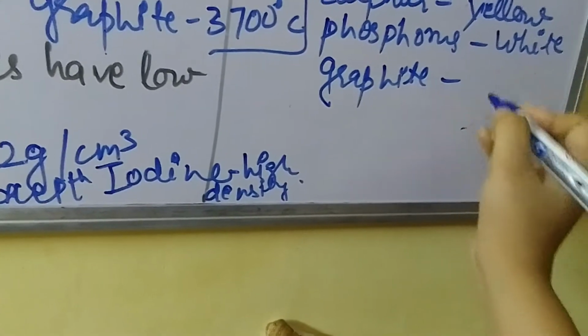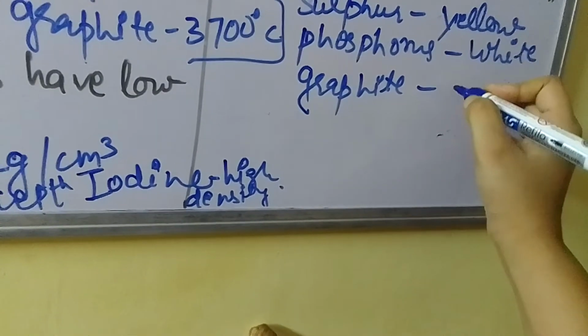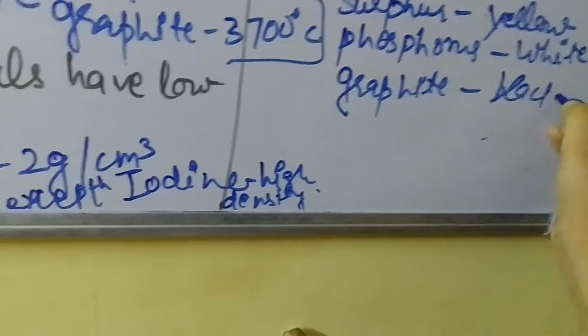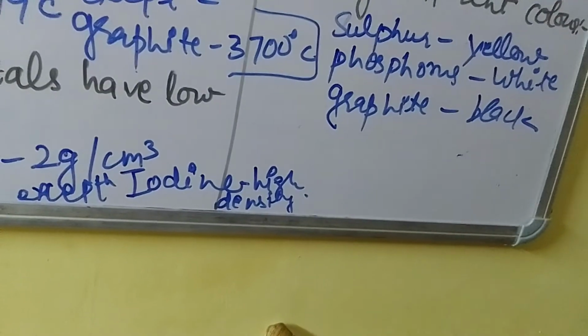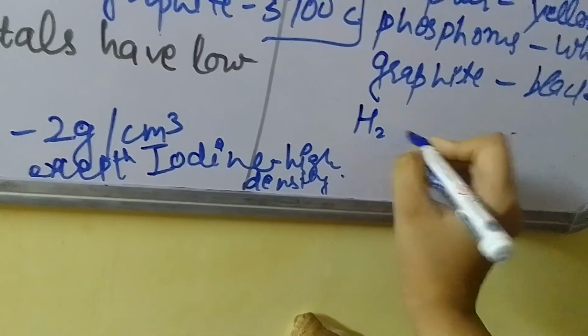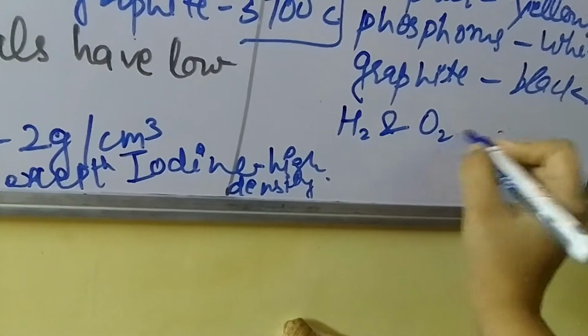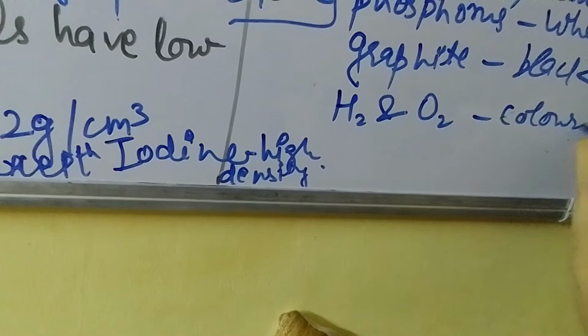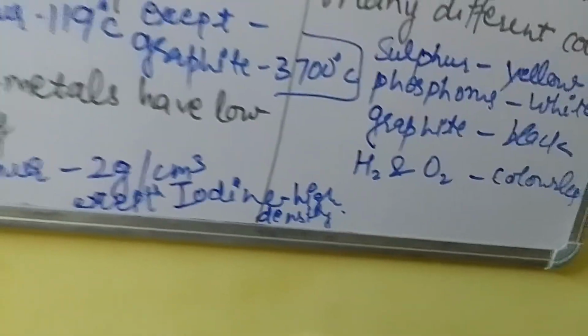So they have many different colors. There is no specific color, and hydrogen and oxygen, H2 and O2, are colorless. So there is no fixed color.